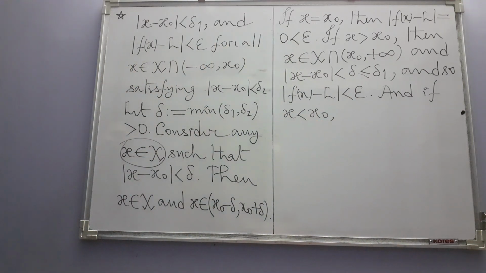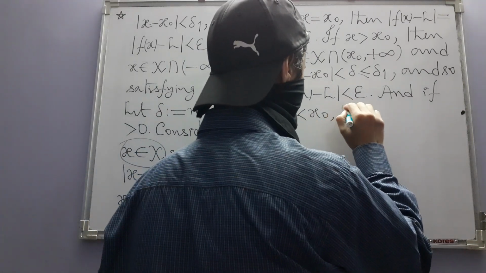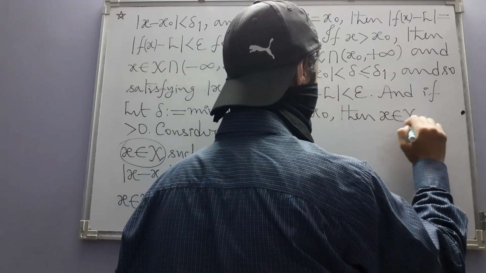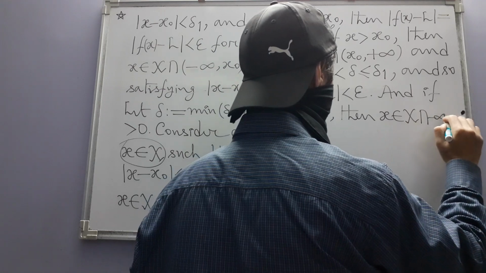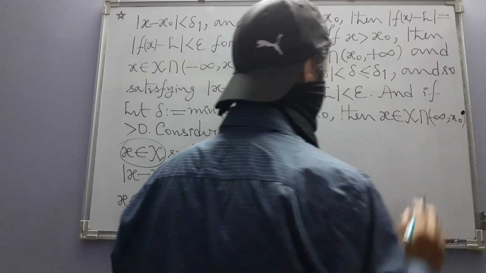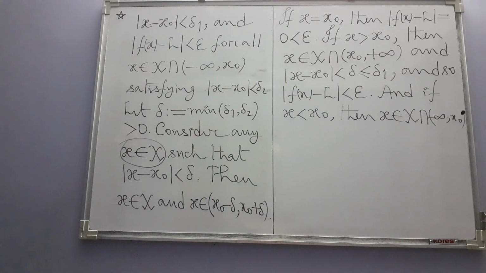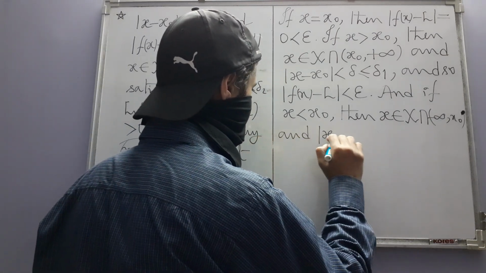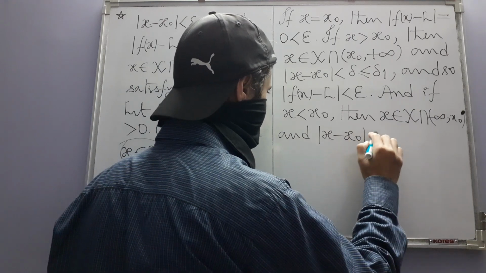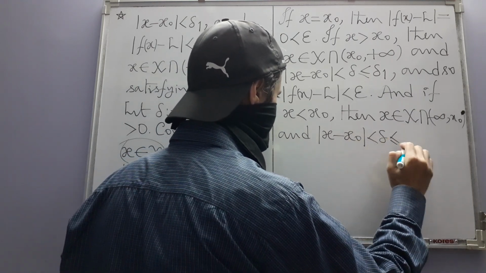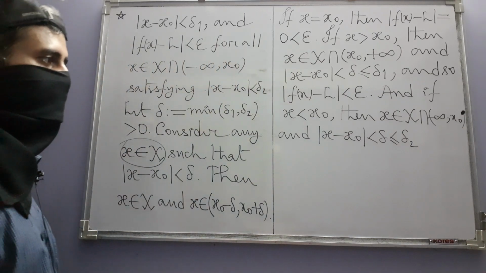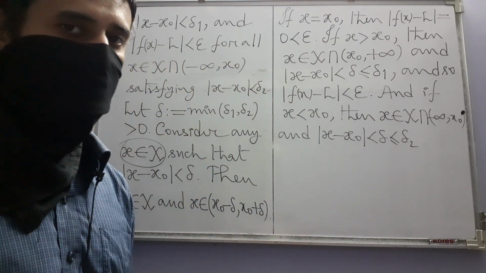If x is less than x naught, then similarly x belongs to this intersection, and the distance between x and x naught is less than delta, and similarly delta, just like it is less than or equal to delta 1, it's also less than or equal to delta 2.